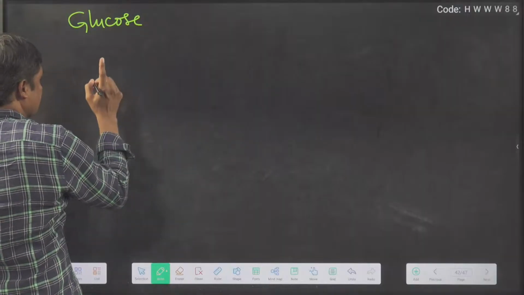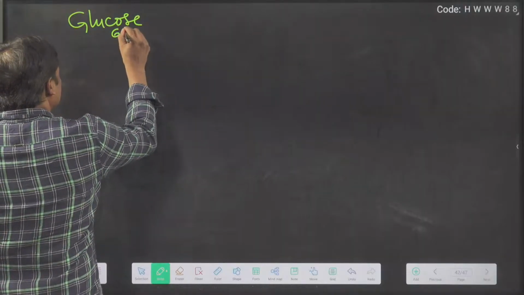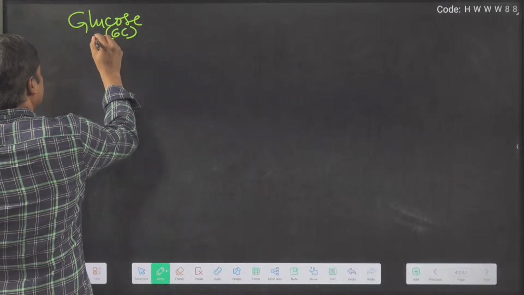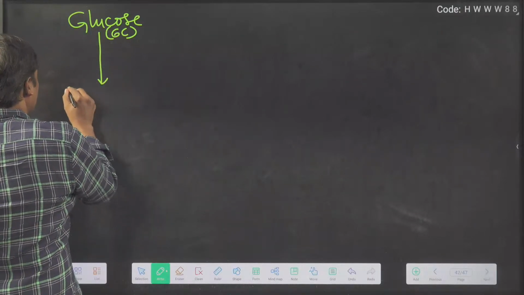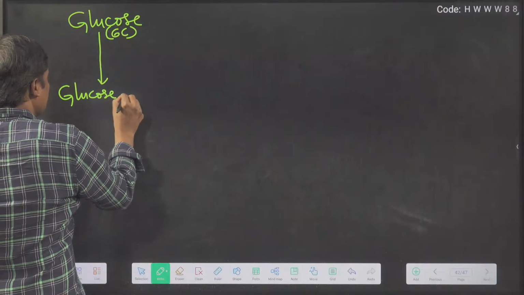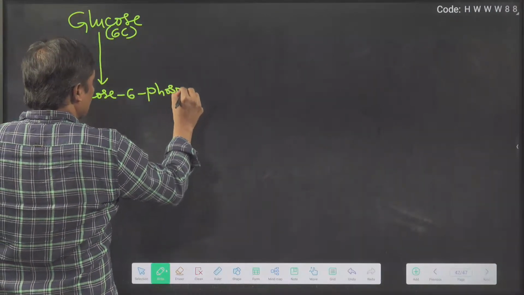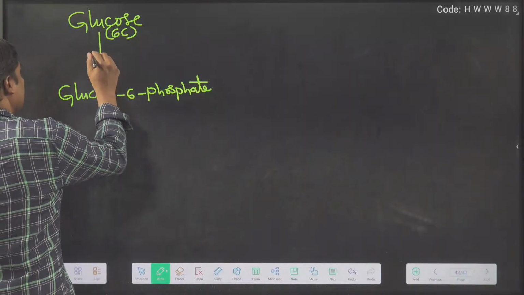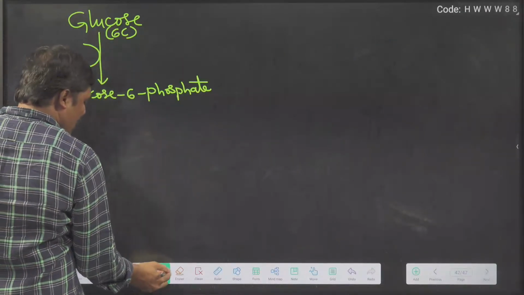Glucose, a 6-carbon monosaccharide, is first converted into glucose 6-phosphate. This step is called phosphorylation.